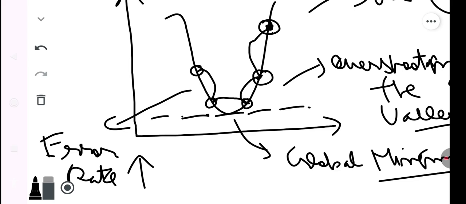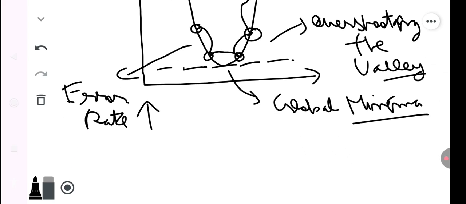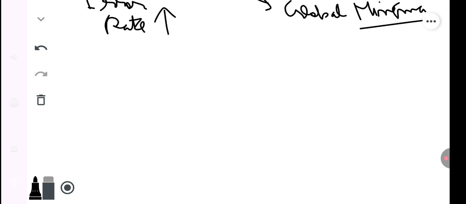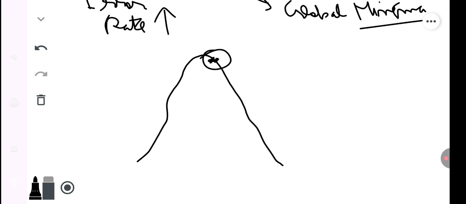Let me give you another example. Let's suppose we have a mountain here, and we are at this point. Our aim is to move down to this flat portion.